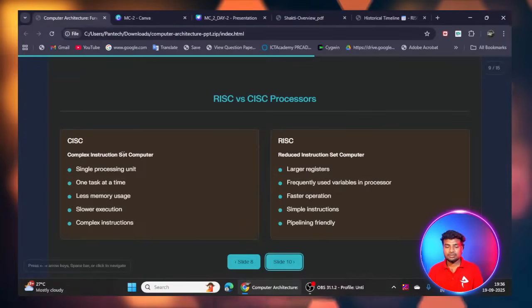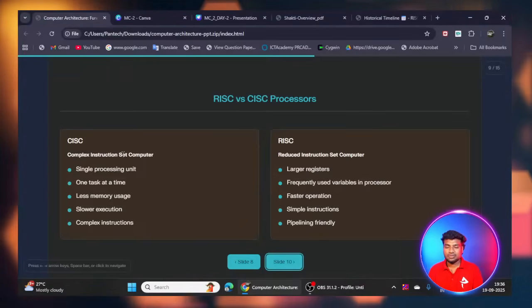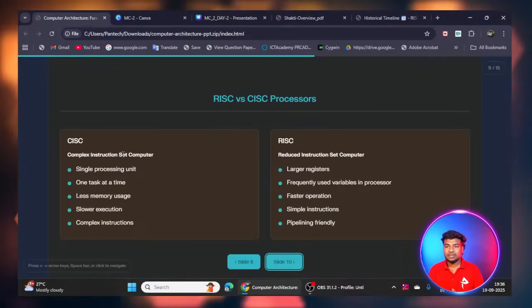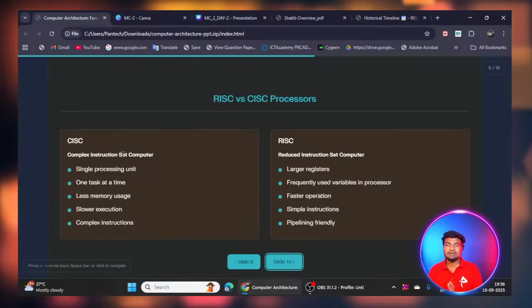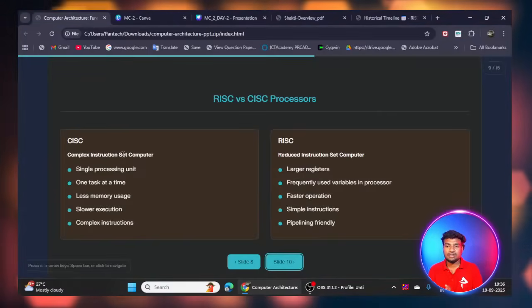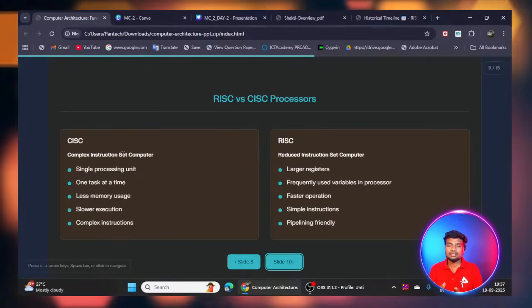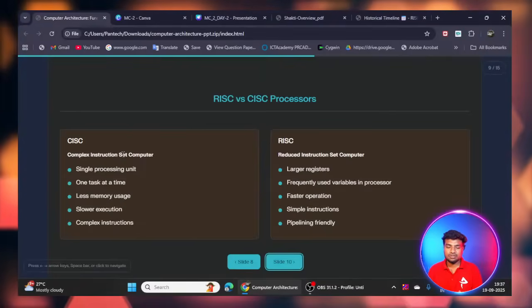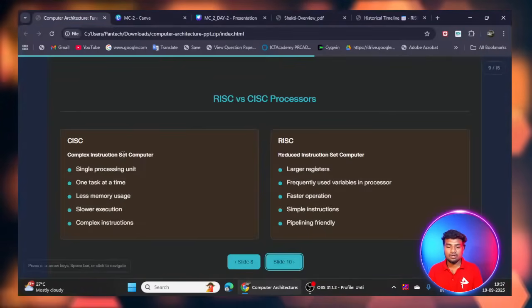There is a difference between RISC and CISC. The name itself says complex, which means the instruction set, addressing unit, and memory unit are mostly complex. It has a single processing unit and does only one task at a time.